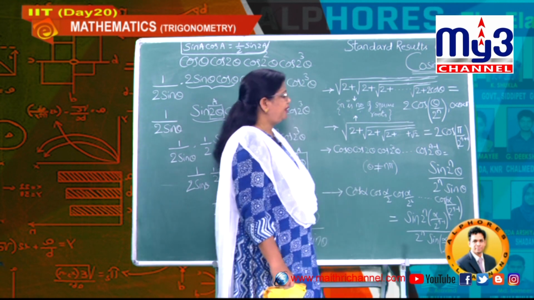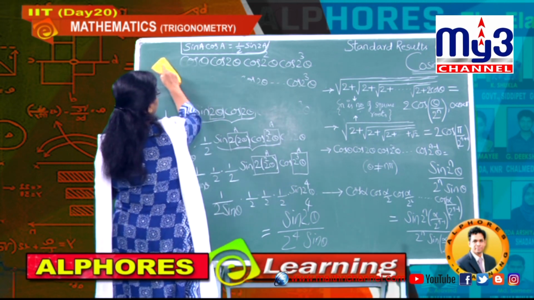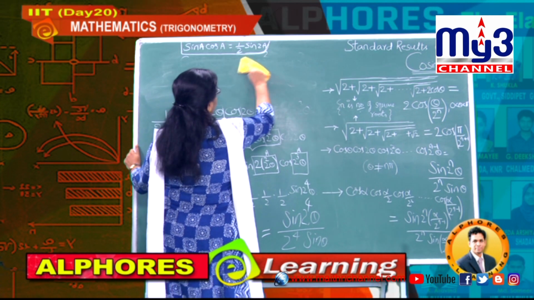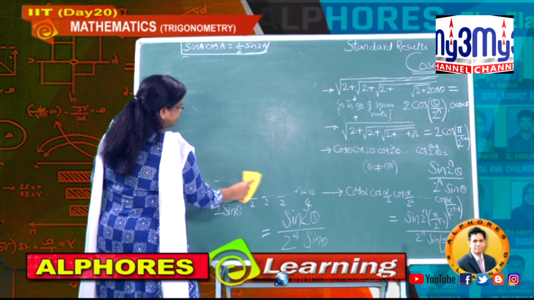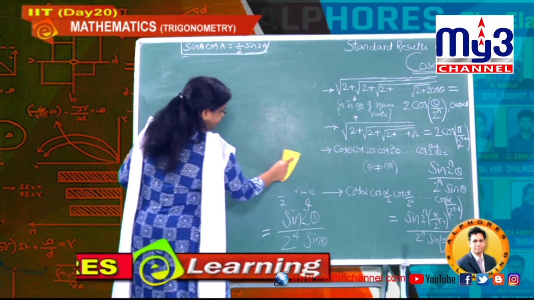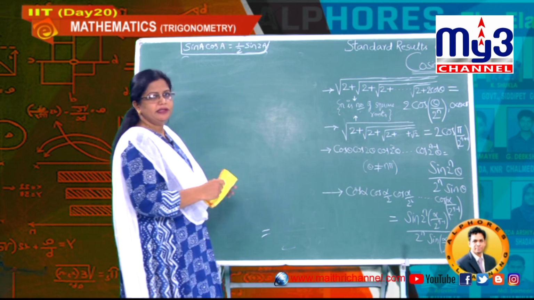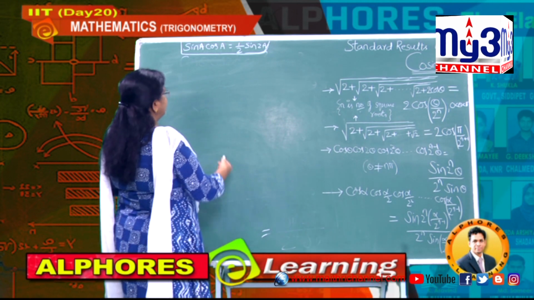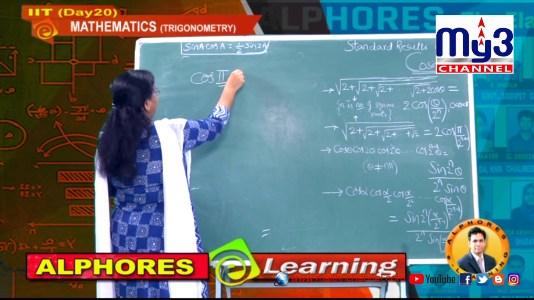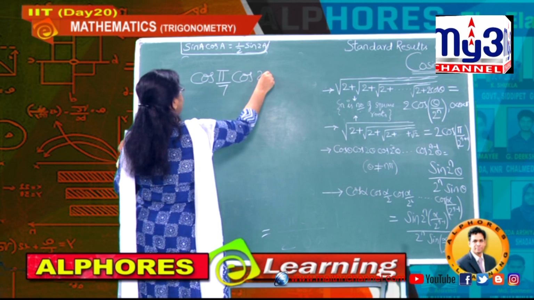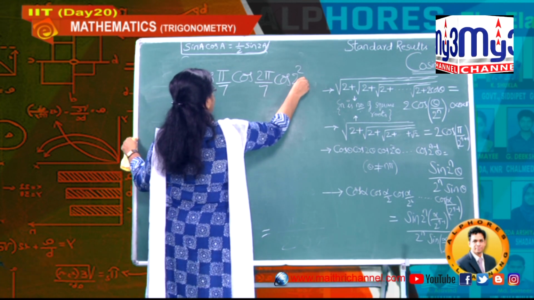Okay students. Now let us observe one example, how they may ask these kinds of problems. Suppose the result is given as cos pi by 7 into cos 2 pi by 7 into cos 4 pi by 7. So first I am writing cos pi by 7 and into cos 2 pi by 7 and into cos 2 square pi by 7.